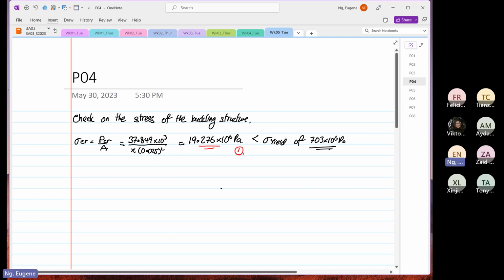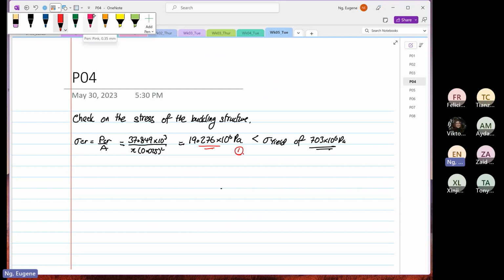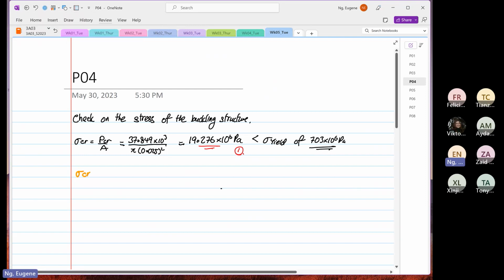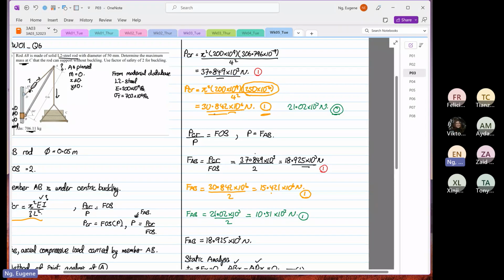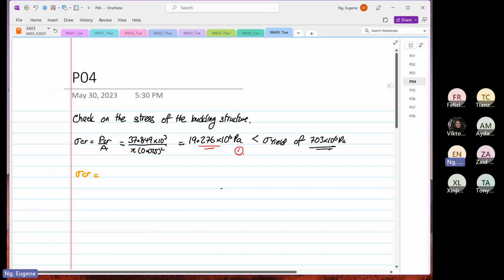Okay. So what if now, again, I want you to be comfortable. Let's say you put in the wrong value for your critical stress. So you use the other number that you have, which is 30.842 times 10 to the power 6, divided by pi times 0.025 squared.